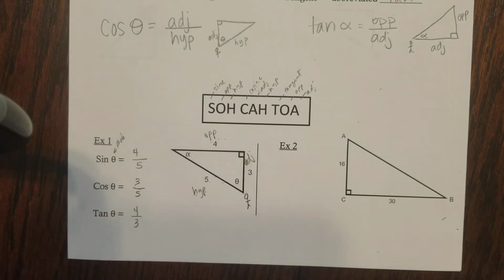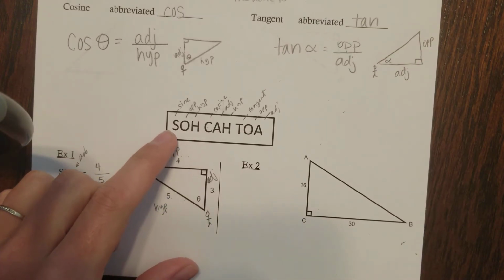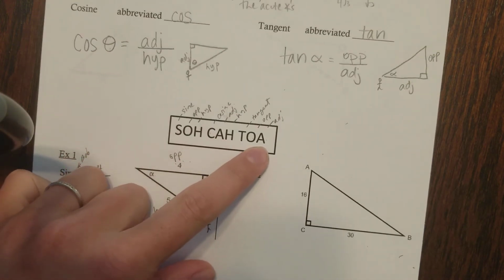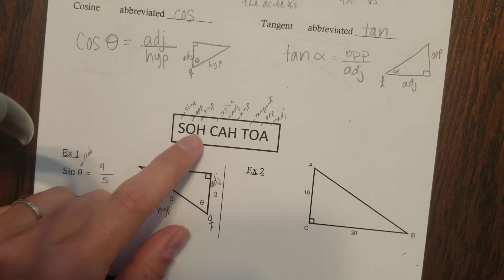So guys, I cannot stress enough, for those of you who struggle in tests and quizzes and remembering things, even on homework assignments, write down as much as you can to give yourself hints and keywords and ways to help you figure things out a little bit quicker. If you write down SOHCAHTOA, then you don't have to try to figure out the ratio and figure out which sides you need.